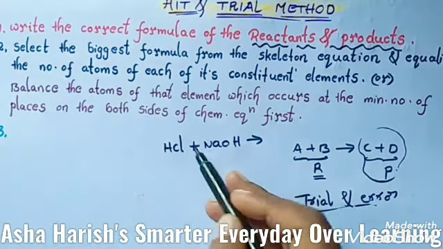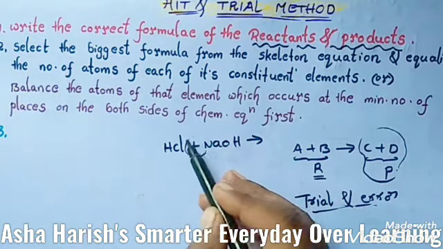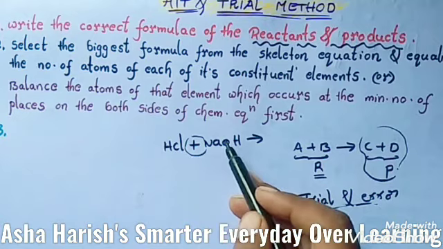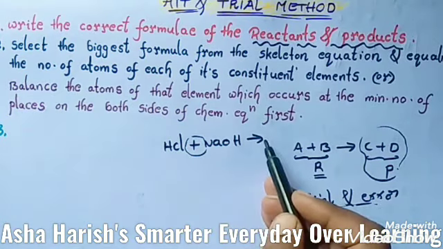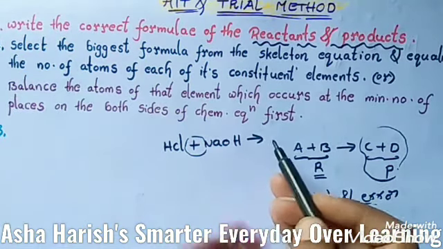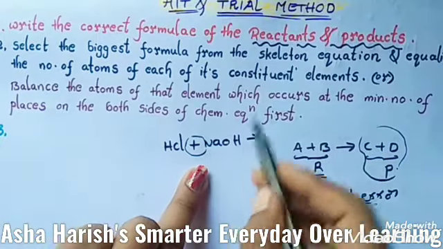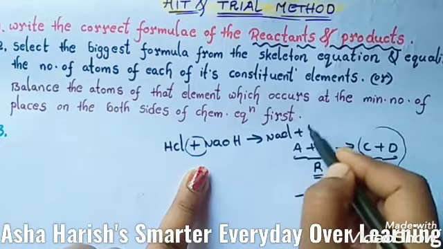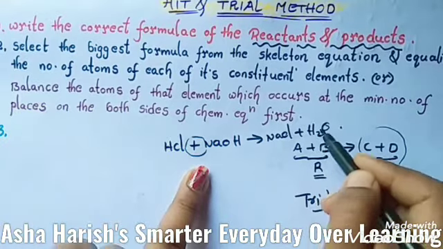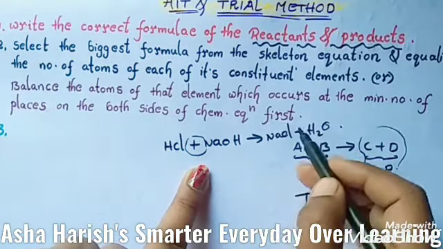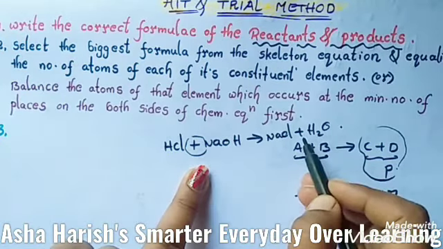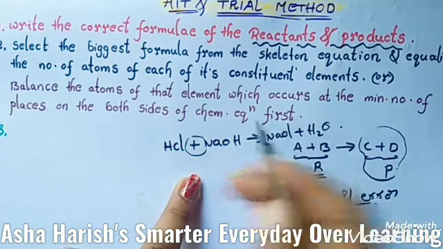So what is the use of this plus symbol? If one or more reactants are present in this chemical equation, we have to separate them with this plus sign. And here what are the products? Salt plus water. In between reactants and products, an arrow points from the reactants to the products. This is called the skeleton equation.